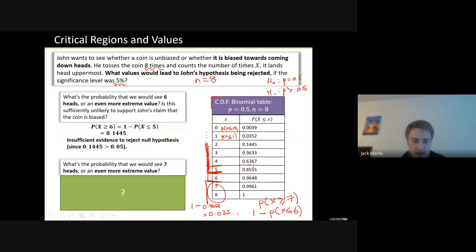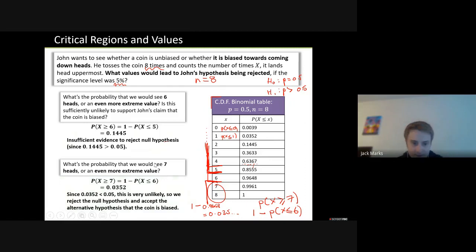So the probability of 7 or more is 1 minus the probability of up to and including the one before. It's smaller, so it's very, very unlikely. So 7 is a critical value because it's the first value that makes you think, oh, I would reject the hypothesis. That's the big idea.